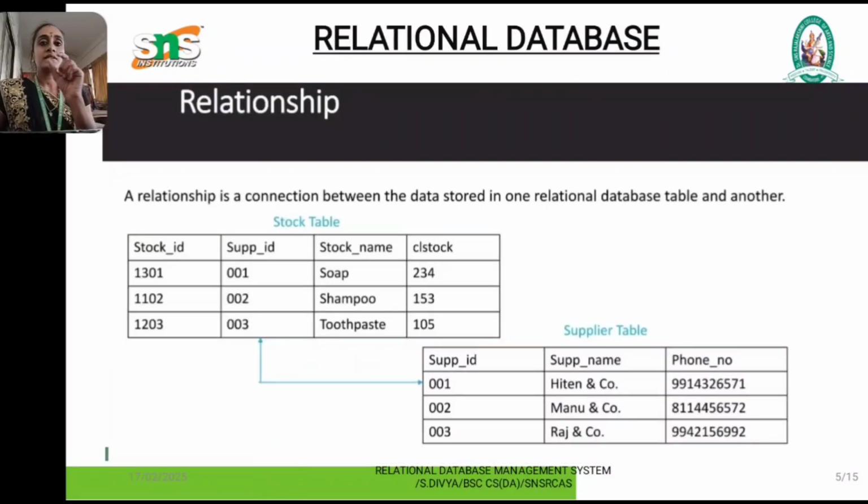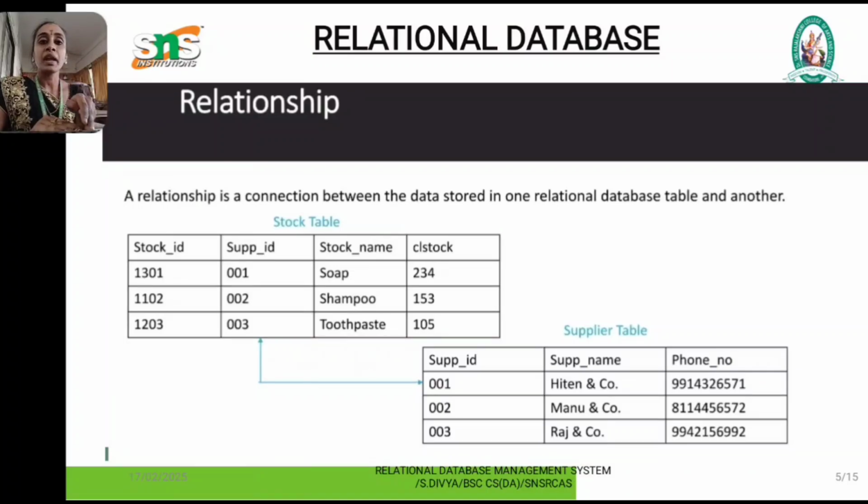Next, the relation between two tables. How we define the relation between two tables: first I am taking the stock table. Here the stock ID, supplier ID, stock name and so on. The numbers have been declared here. So I have given some stock ID and supply ID, stock name and so on. Here I make a connection between the stock table and the supplier table with a common attribute called supply ID.